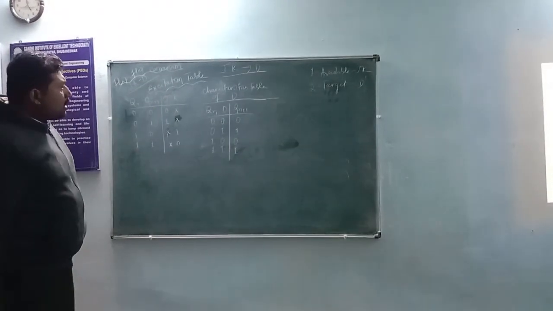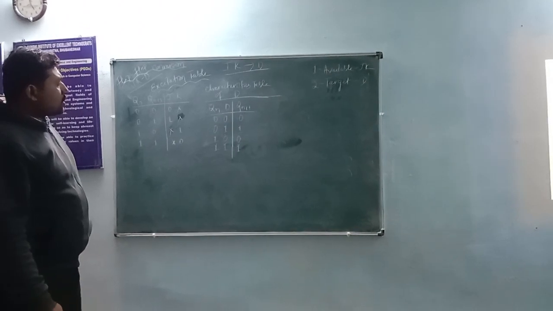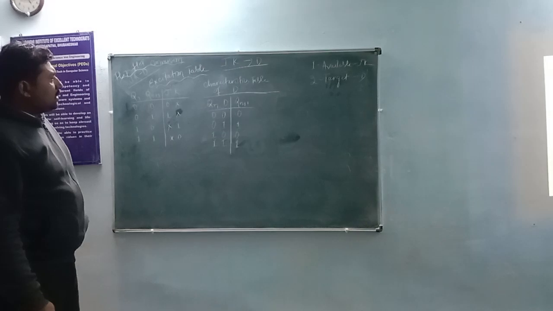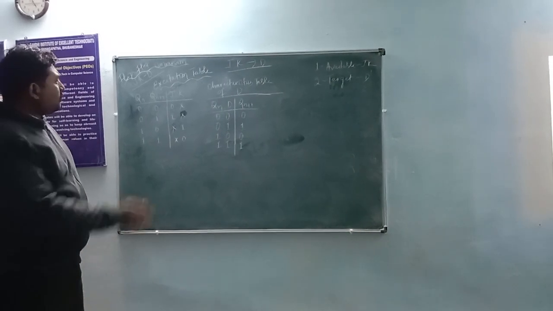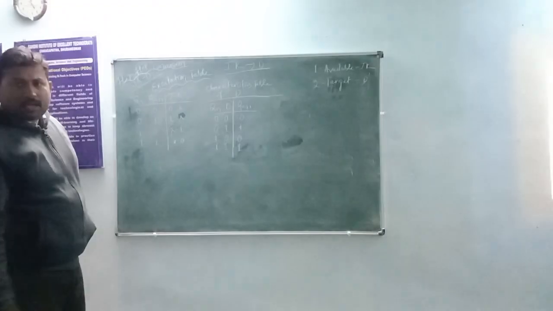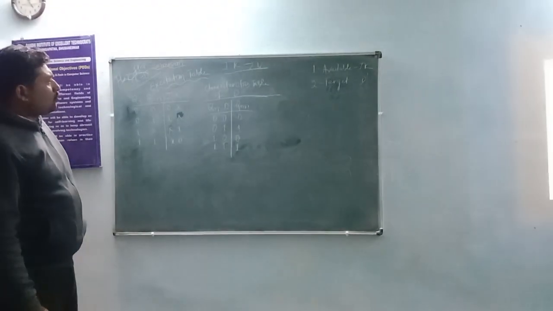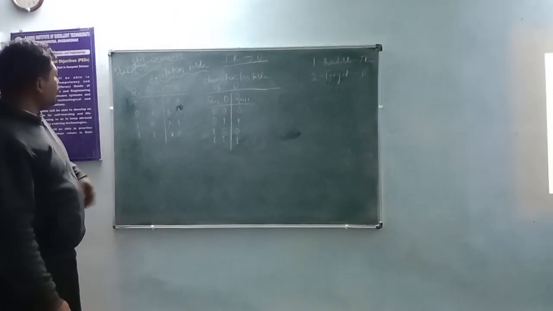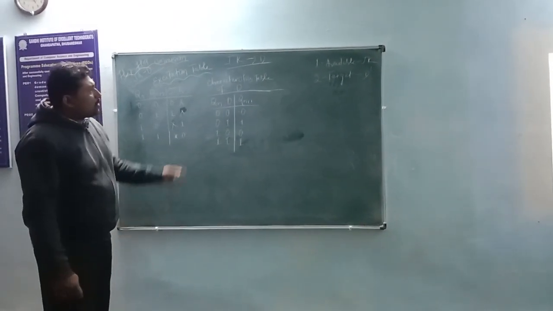When we studied the JK flip-flop, we constructed it with the help of NAND gates, and to get the JK flip-flop's truth table, we took the reference truth table of the SR flip-flop. To get the characteristic table of the JK flip-flop, we used the truth table of the JK flip-flop.